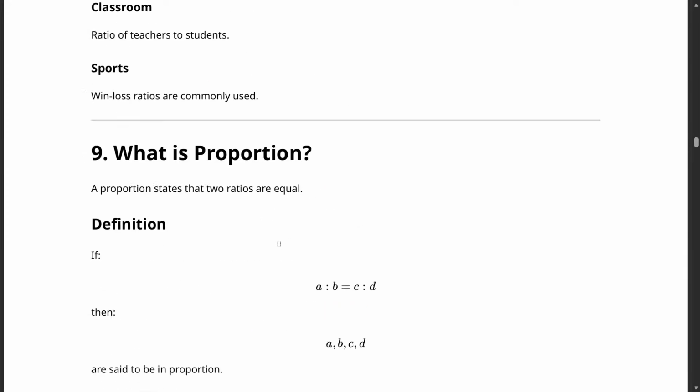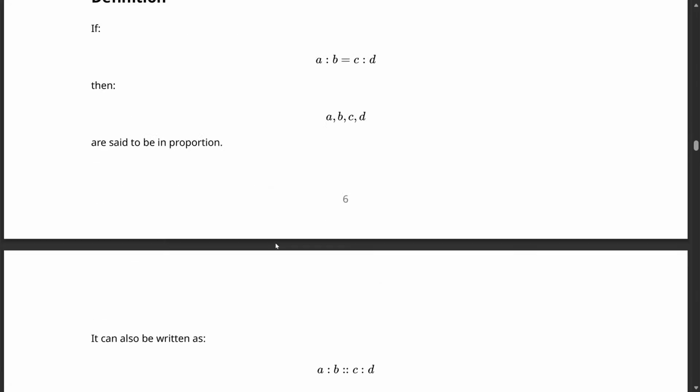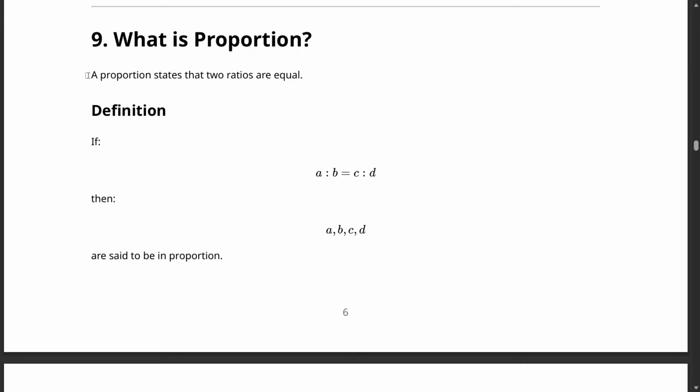What is proportion? Proportion states that two ratios are equal. If A is to B equals C is to D, then A, B, C, D are said to be in proportion.